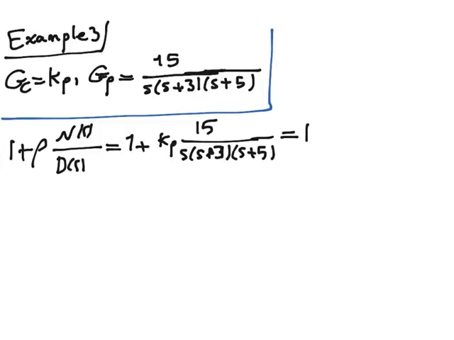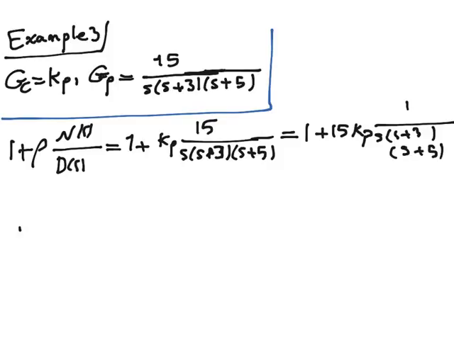And accordingly we will have 1 plus 15 KP times 1 divided by s times (s plus 3) times (s plus 5).